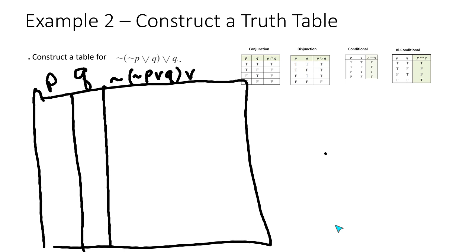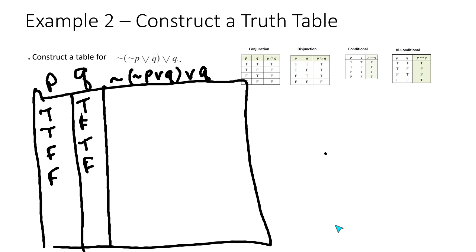All right, so we start by filling in the 2 columns on the left side. So again, as I mentioned, those columns on the left side are going to be the same. So P is true, true, false, and false. And then Q is true, false, true, false. And so just like any other math problem, if you have parentheses, you want to deal with the parentheses first.